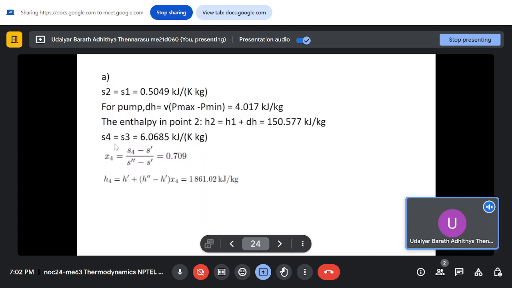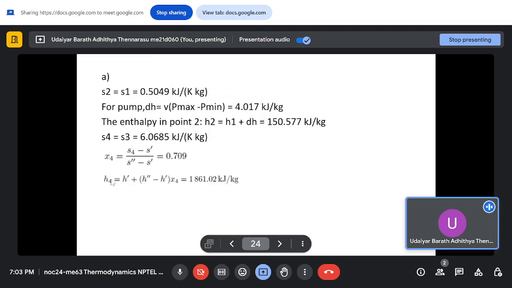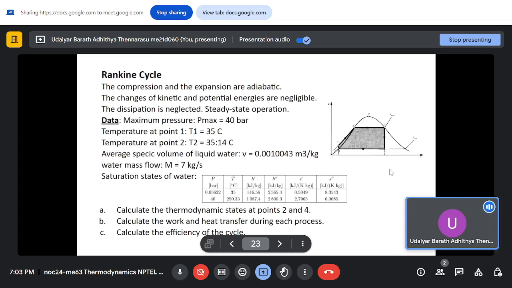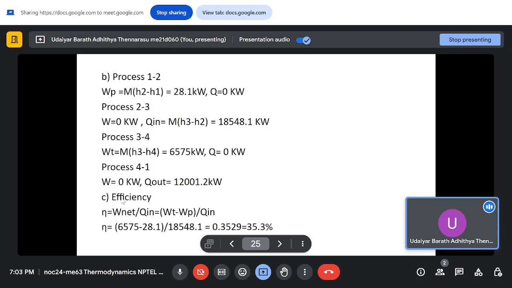Substituting this, you can find your dryness fraction, which is 0.709, or 70%. Using the dryness fraction, you can find the enthalpy at state 4, which is H4 equals your liquid enthalpy plus your latent heat into your vapor fraction, equals 1861.02 kilojoule per kg. So enthalpy at state 4 is also found.